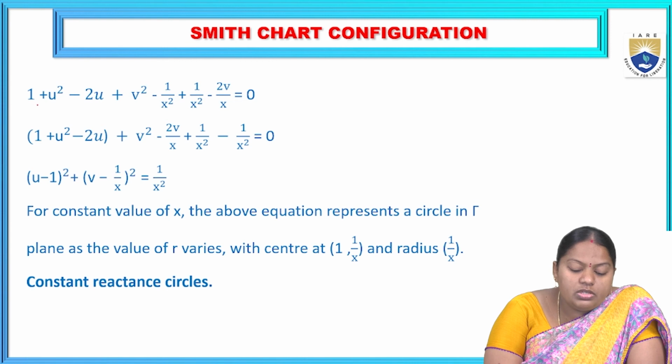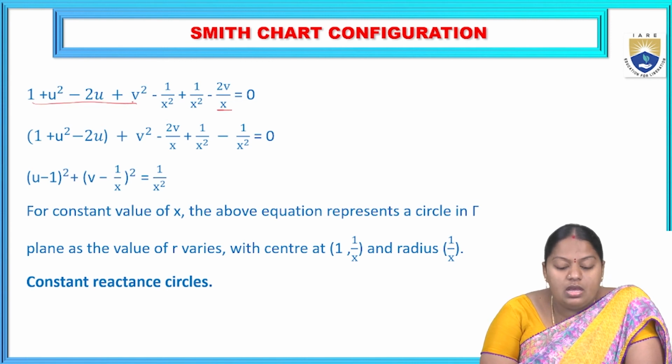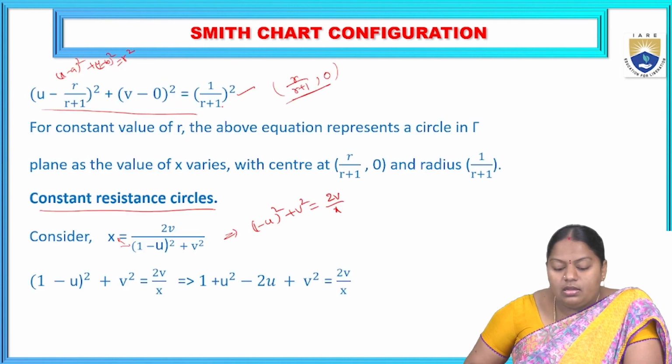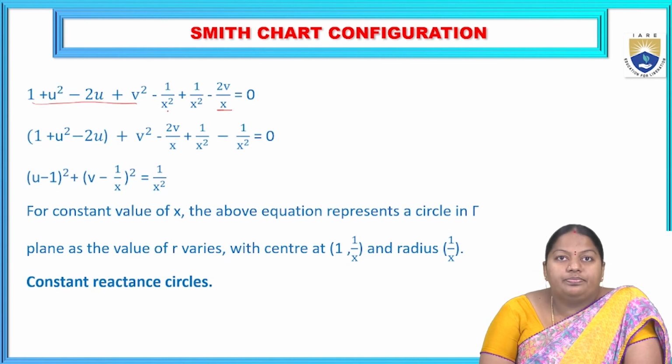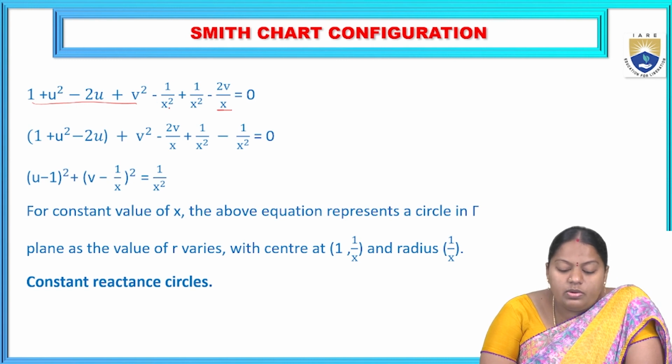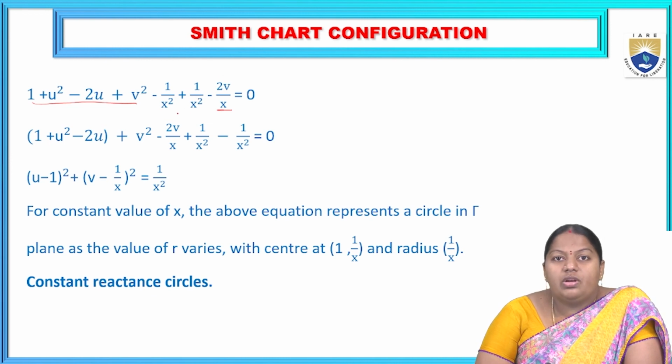In the previous equation, these terms exist: 1 plus u square minus 2u plus v square minus 2v by x is equal to 0. To write the circle form, we add 1 by x square. Minus 1 by x square plus 1 by x square cancel, so the equation remains the previous statement only.